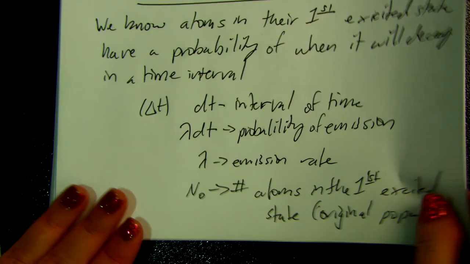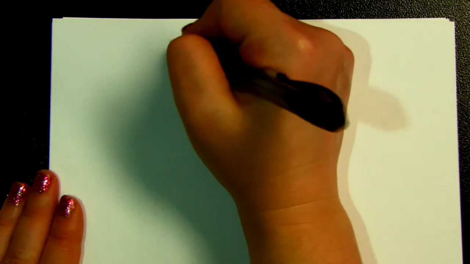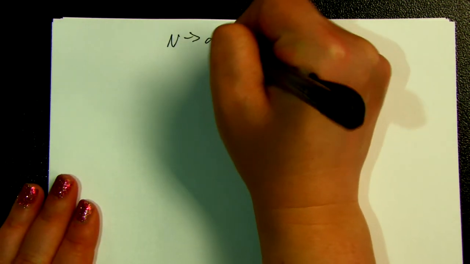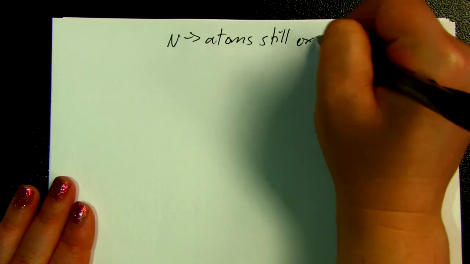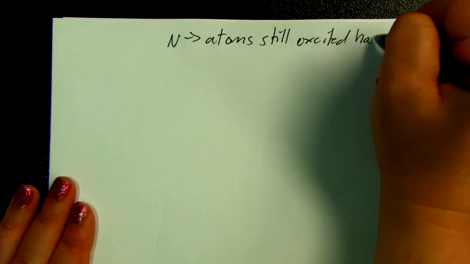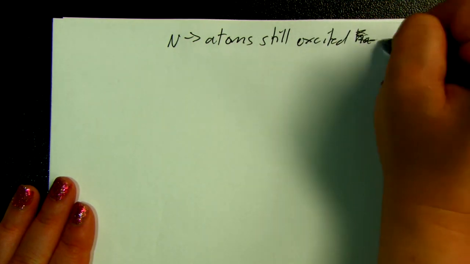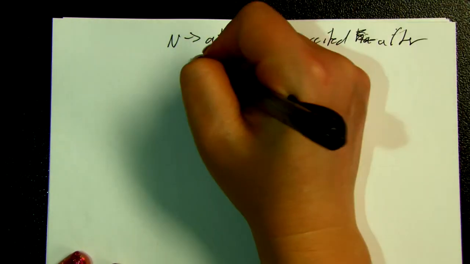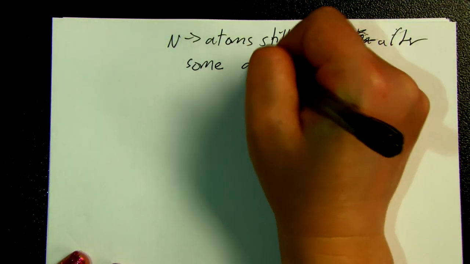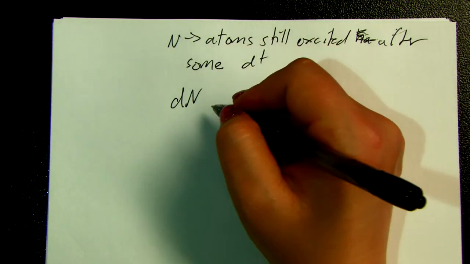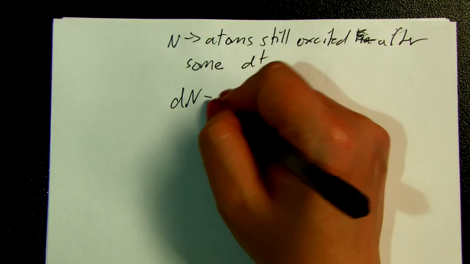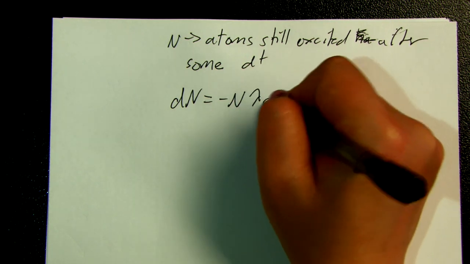And then what we're looking for is n, atoms still excited after some dt. So the change in the number of atoms, dn, is equal to minus n lambda dt.